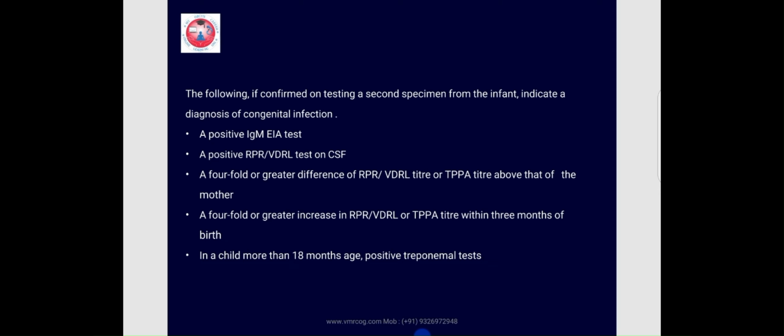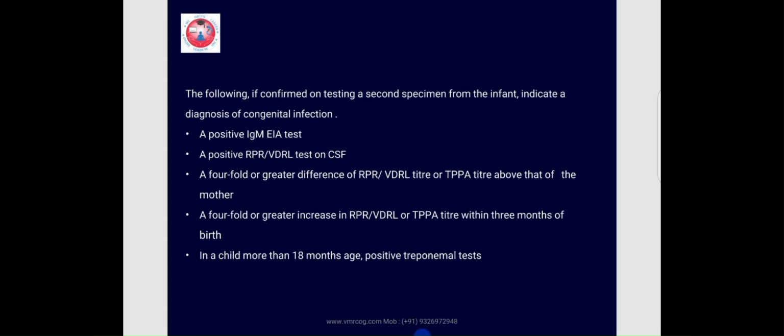So if there is a fourfold greater difference between RPR, VDRL or TPPA titer between the mother and the baby, the baby's titer being higher. Okay, or if we are repeating the VDRL or RPR on the neonate sample over a period of 3 months and the titer is increasing, that is also suggestive of congenital syphilis. Or in a child more than 18 months of age, a positive treponemal test will indicate congenital syphilis.